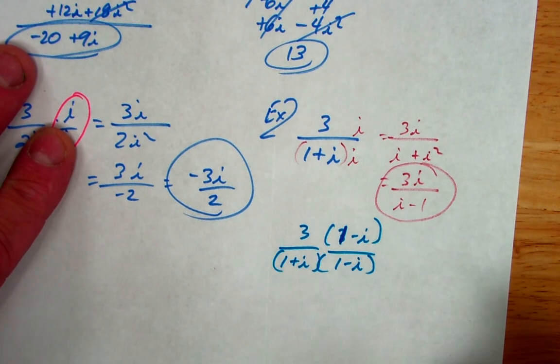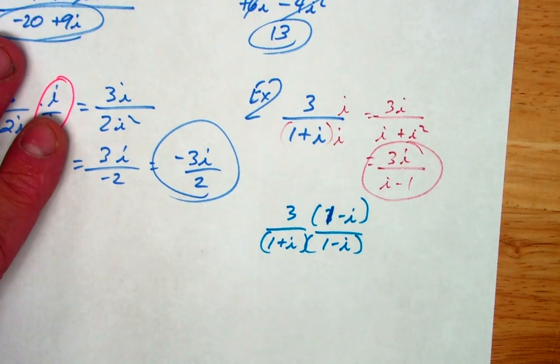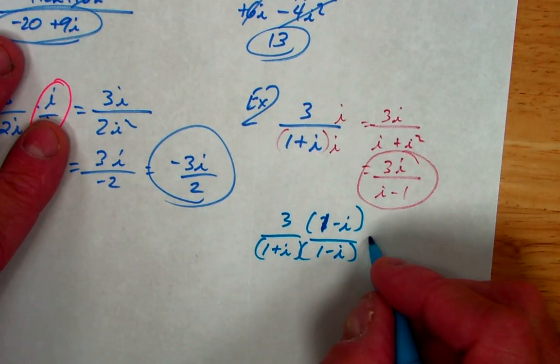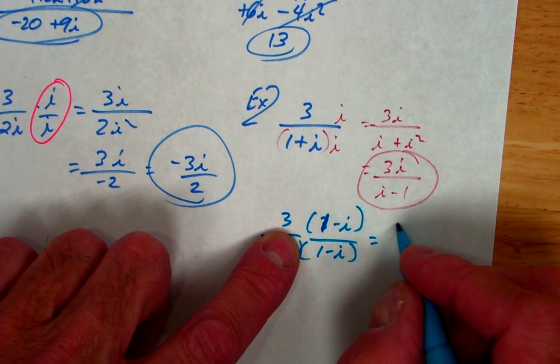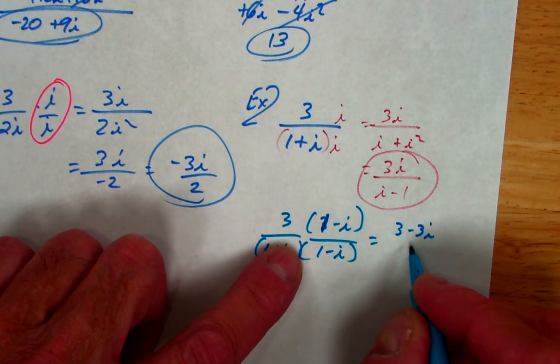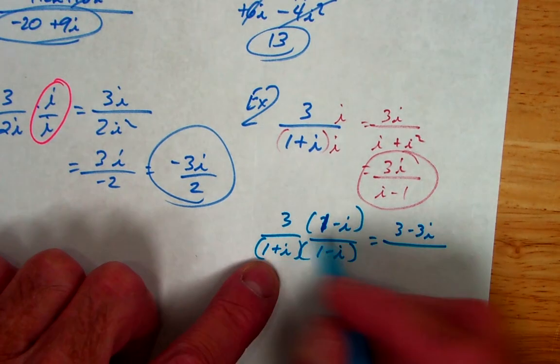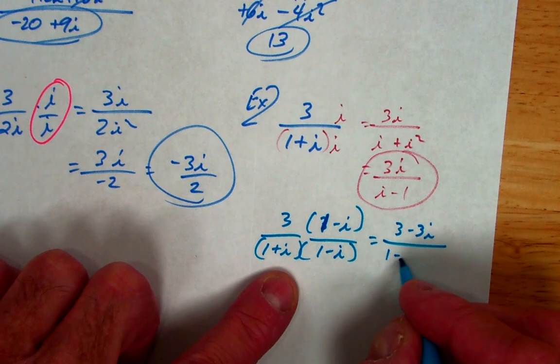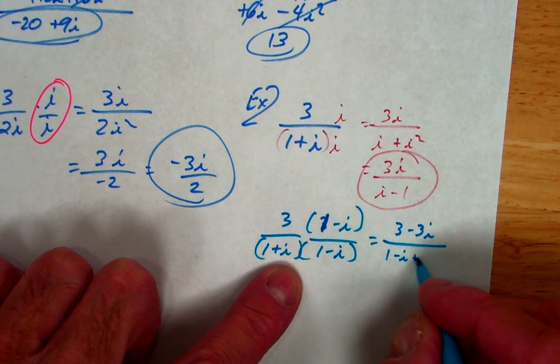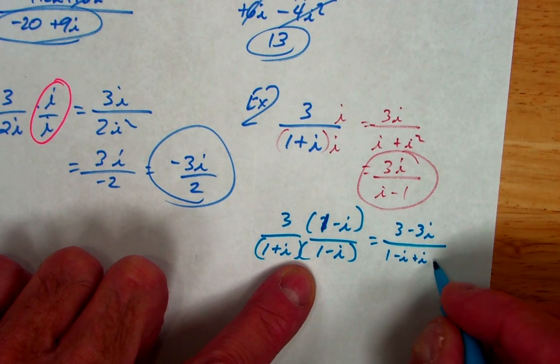And again, I'm really multiplying by 1, so it's not changing it. So on the top, I get 3 minus 3i, and on the bottom, 1 minus i plus i minus i squared.